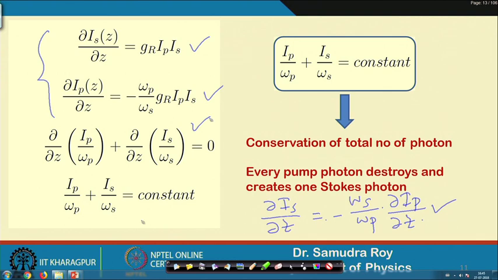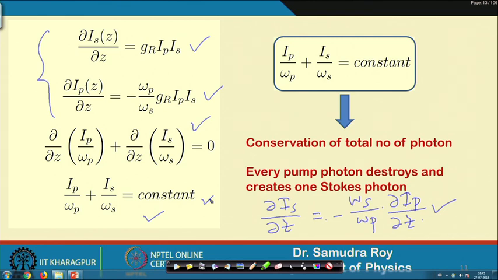So, if I do this simple calculation, we find that I p divided by omega p plus I s divided by omega s is constant. This is nothing but the conservation of the total number of photons.